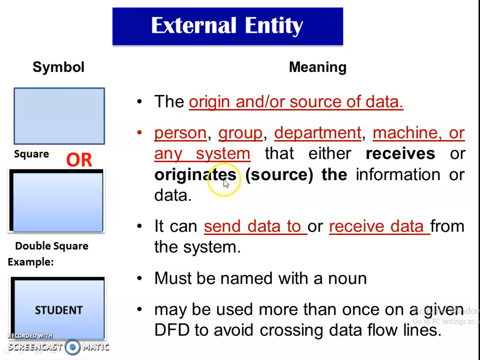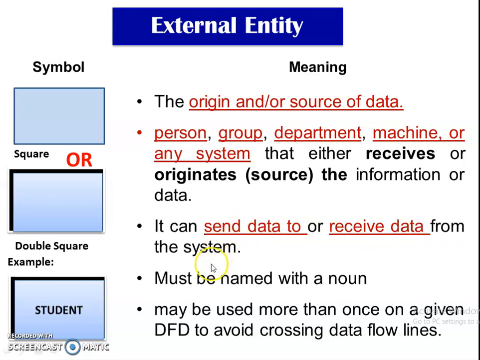When the external entity is the origin, where the data comes from, that external entity is called the source. While if the external entity receives it, then you call it a sink. So external entity basically sends data to or receives data from the system.